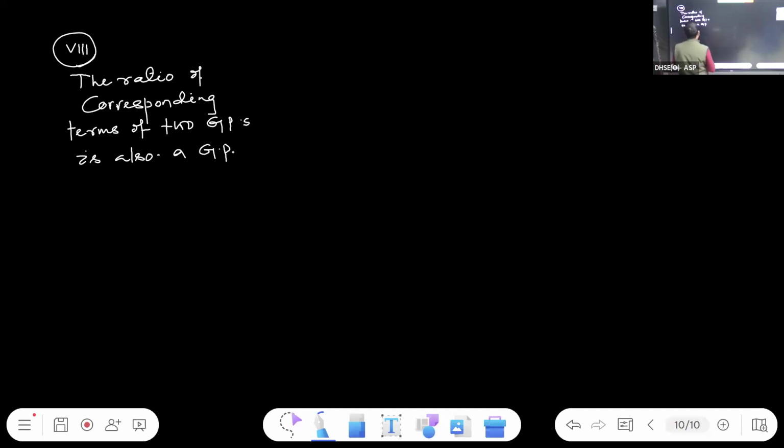The ratio of corresponding terms of two GPs is also a GP.